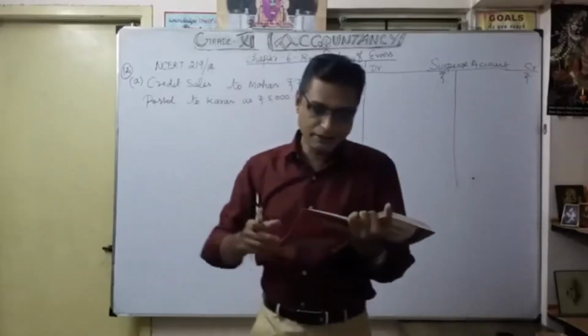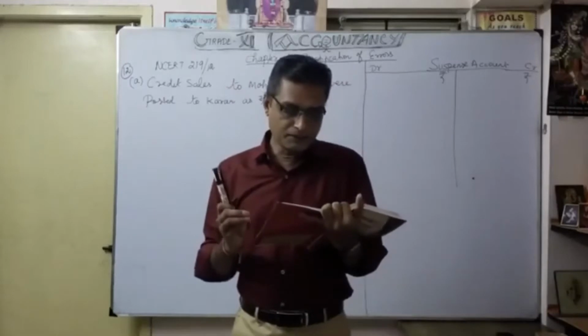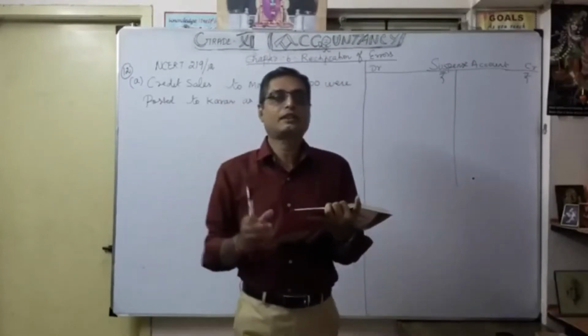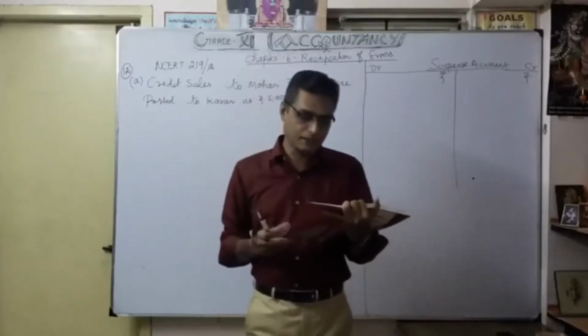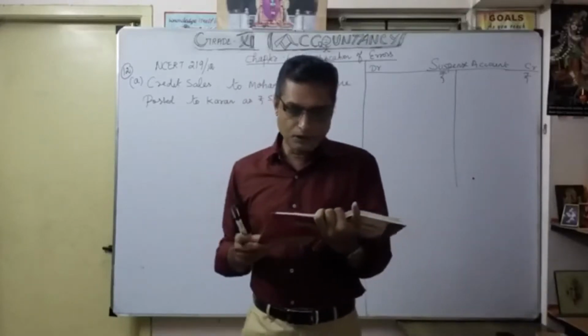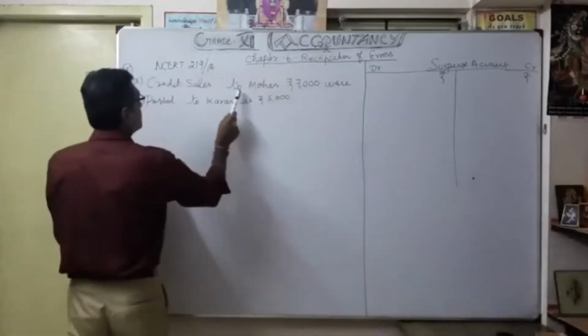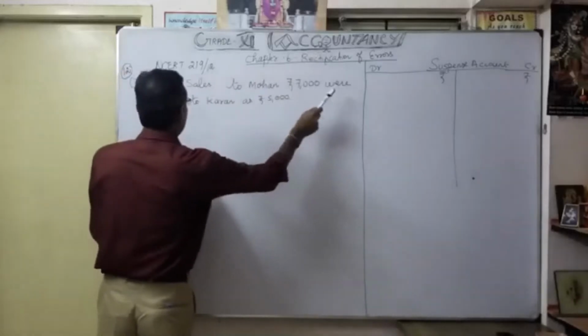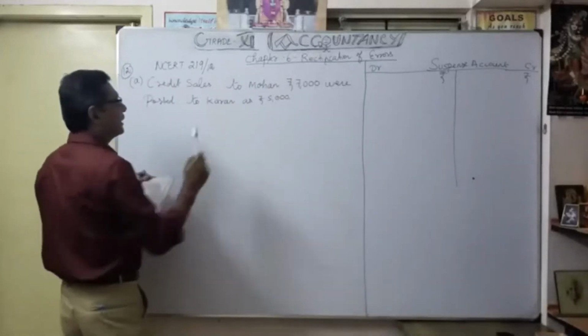What is this line? Ascertain the difference in trial balance. Now we are going to ascertain what the exact difference in trial balance is. What is the first one? Credit sales to Morgan, 7,000, were posted to Current as 5,000.